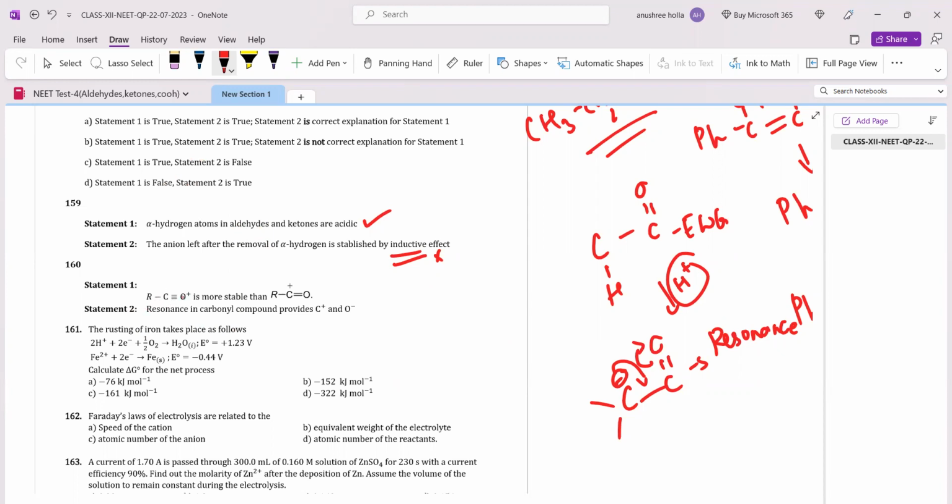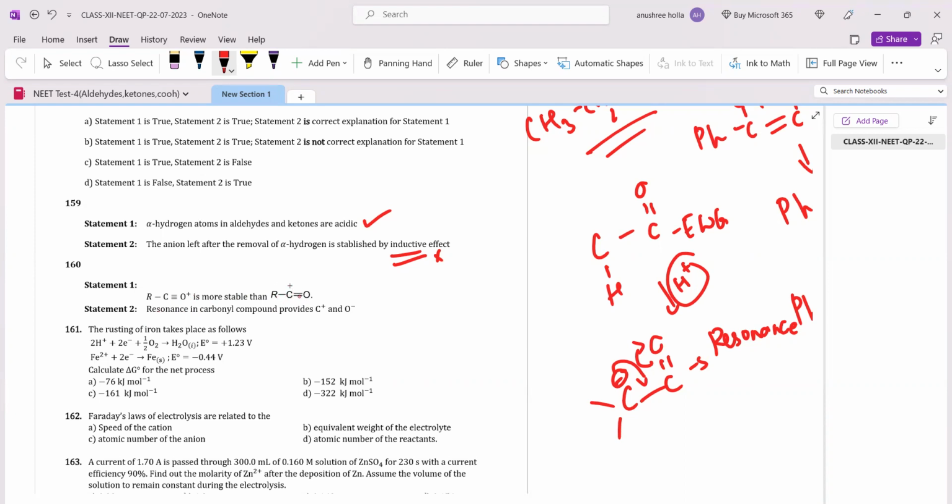Okay, next, coming to the 160th question. They've given two resonating structures and they're telling which one is more stable than the other. So they say that this is more stable. Although we observe that here the positive charge on the oxygen atom makes it less stable, if we consider this, the carbon's octet is not complete, right?